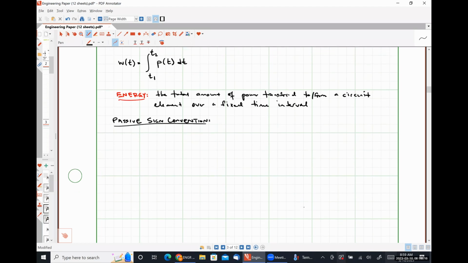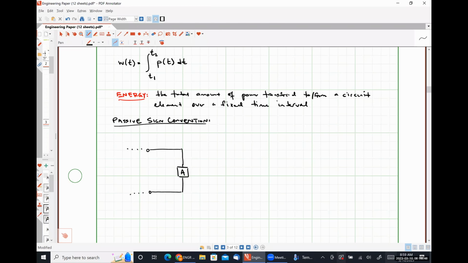Let's say that I have a generic circuit element A that is connected as some part of a larger circuit, where the rest of the larger circuit is being represented by these ellipses here, okay?